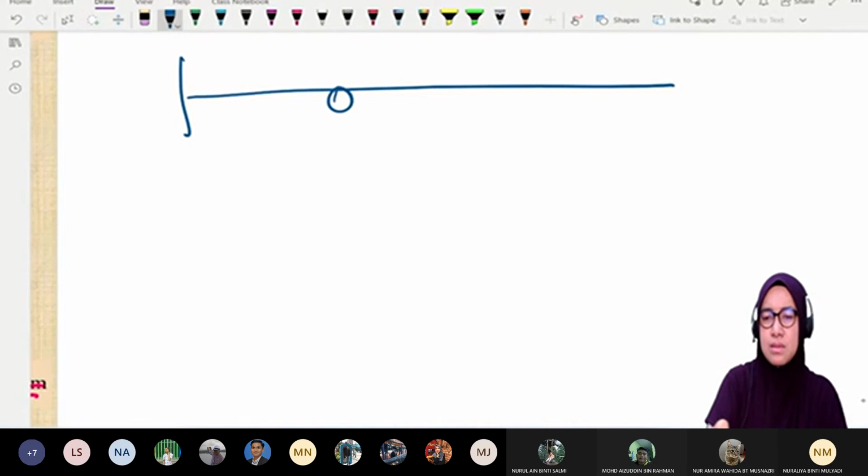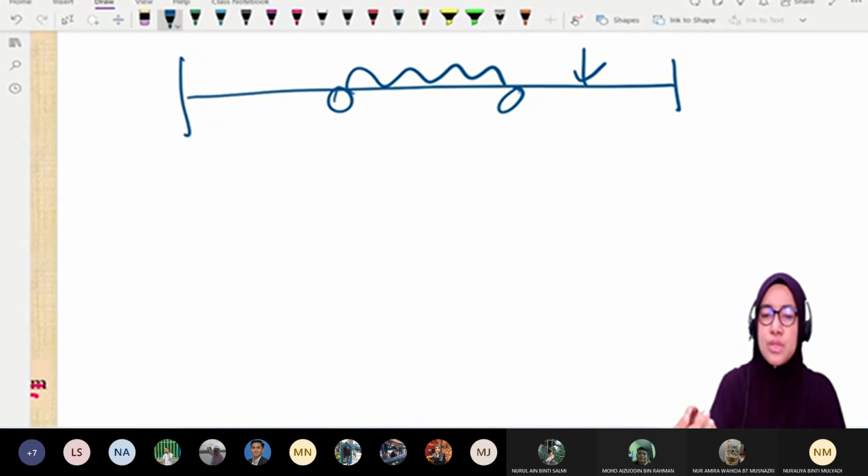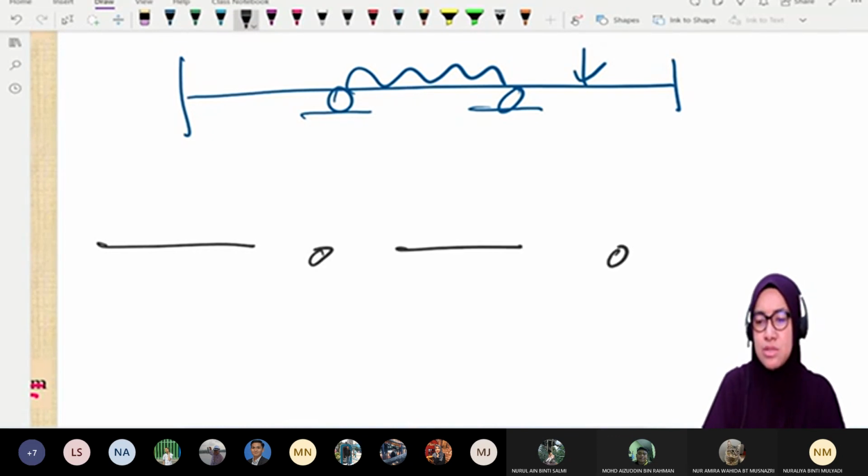You have to imagine the previous diagram. The diagram is like this, the original with the UDL and point load. If we draw it separately, it means we draw member and joint separately. Member, joint.